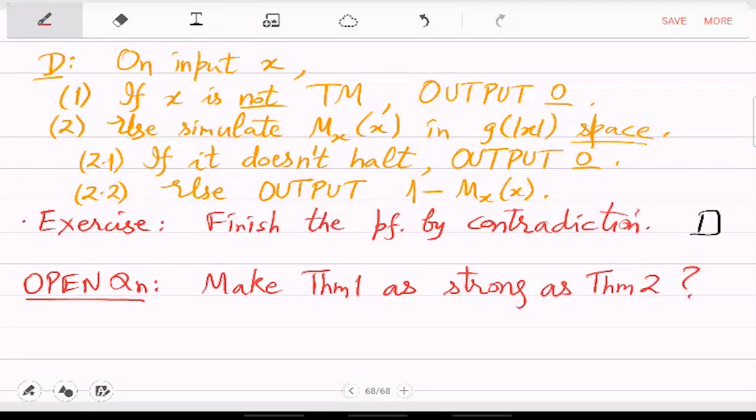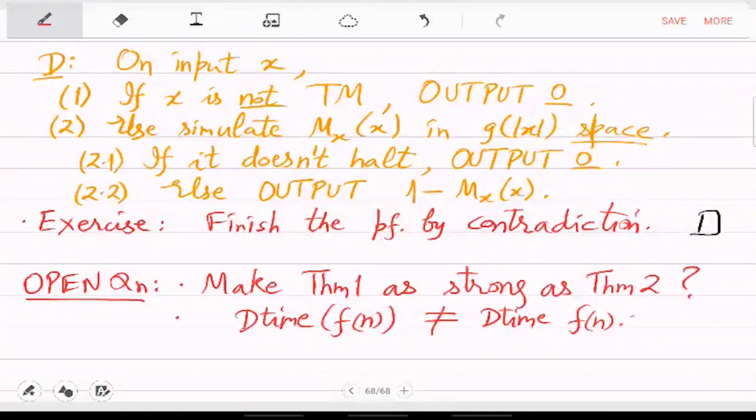So which is the same as asking, is DTIME(F(n)) different from DTIME(F(n) times log F(n))? So this we don't know. Okay, whether if I give you a logarithmic factor more time, can you solve more problems? Now obviously this should be true, but we don't have a proof.